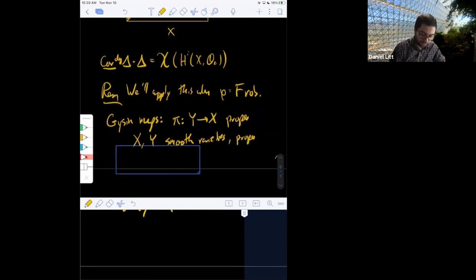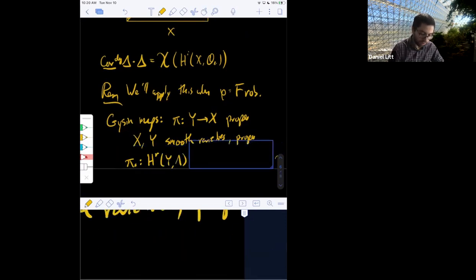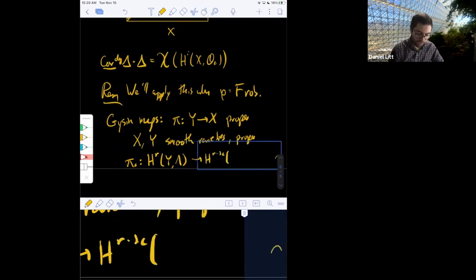Then we get a push forward map on cohomology, namely a push forward map from H^r of Y with coefficients in lambda to H^(r-2c) of X with coefficients in lambda twisted by minus c.